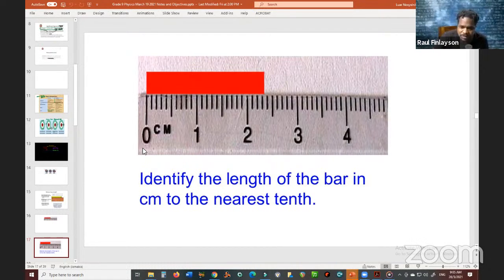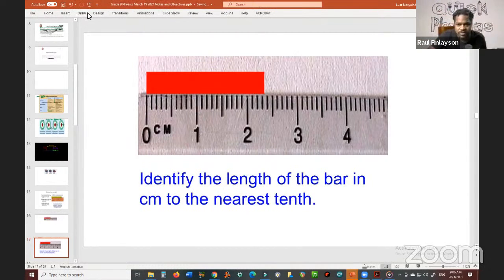Let's look at the numbers first. From 0 to 1, the space is divided into 10 equal spaces. So the spaces between 0 centimeters and 1 are 10 spaces, and we're going to learn how to count that.